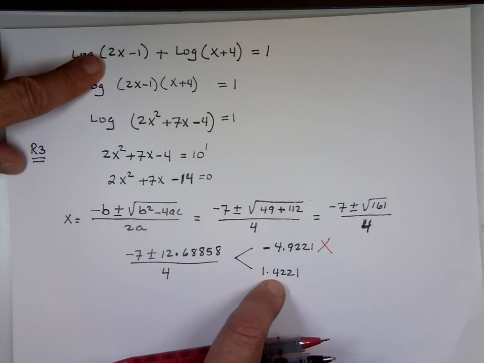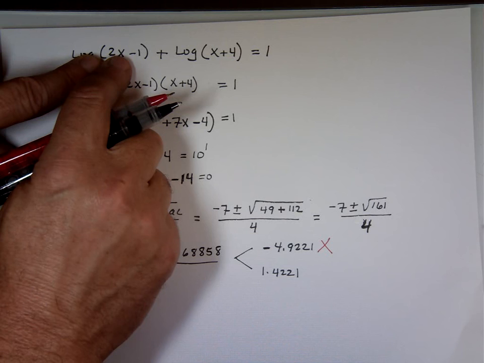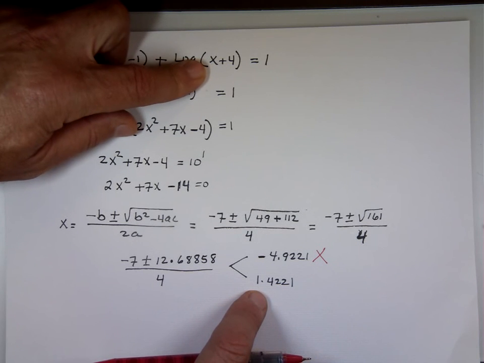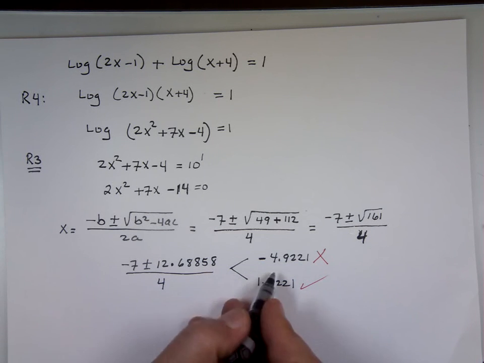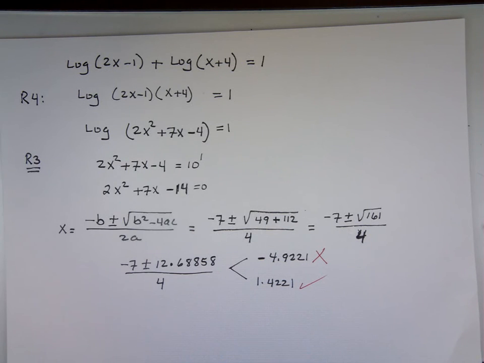Almost 3. 3 minus 1? Positive number, right? That's okay. Here, 1.4 plus 4, 5.4, positive number, I'm good. So you should always check your answer, make sure the answer you got does not make this value negative, because it kills rule number 1. You can't take the log of a negative number. That says you can't use that answer.